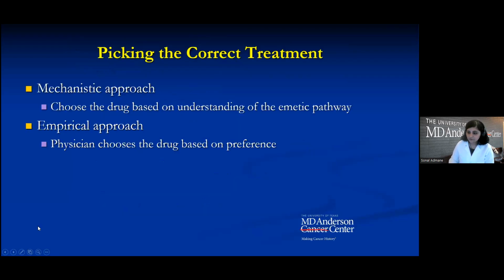In choosing treatment, there are generally two approaches. One is the mechanistic approach, in which you try to understand the pathophysiology and the receptors involved, and then choose your medication. The other is you know the patient's history and you choose a broad-based antiemetic, which will involve multiple pathways and lead to symptom relief, and then based on that, you modify your treatment.